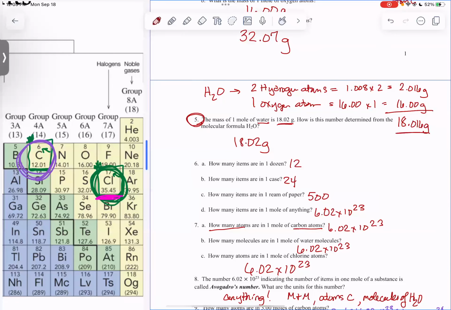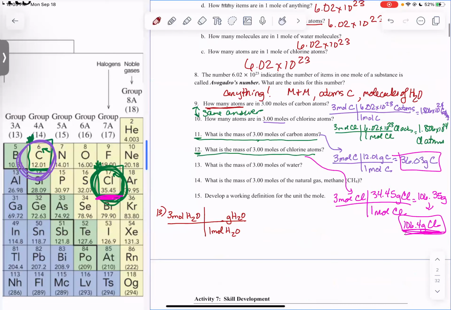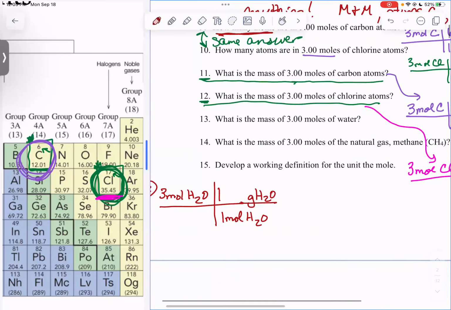We found the molar mass of water to be 18.06. And so that's exactly what we're going to do, plug in that same number, 18.06 grams of water. And so when we do that math, we get 54.0 grams of water.